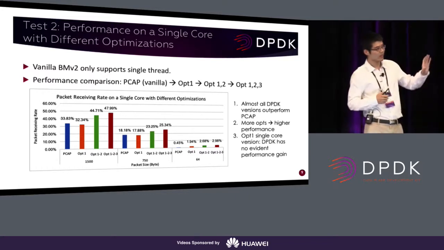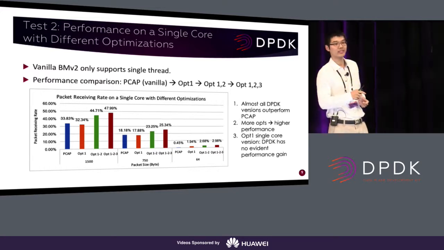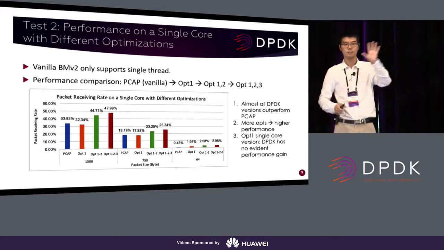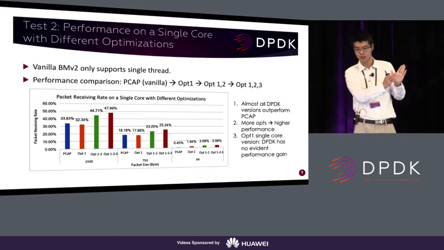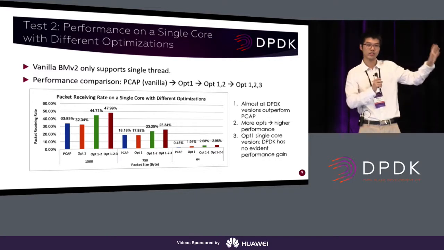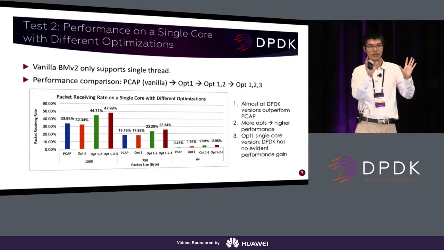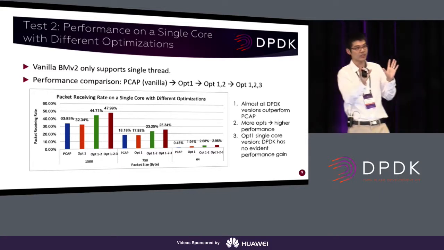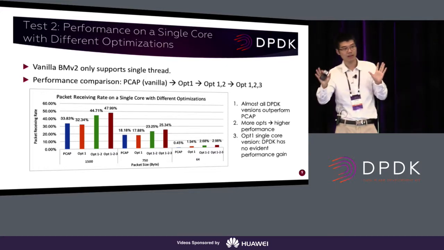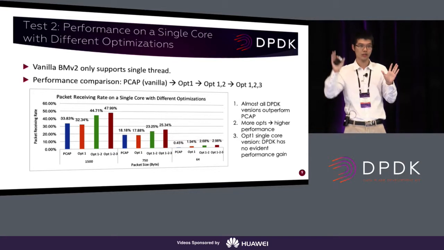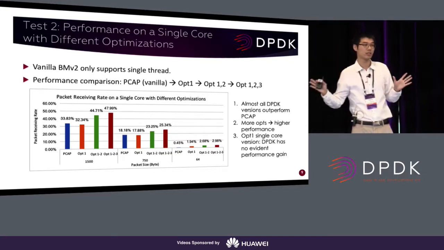On the x-axis, we have different sizes of packets, from large size, mid-size, to small size. For each packet size group, we have the original vanilla PCAP version, the BMAC version with optimization 1, the BMAC version with optimization 1 and 2, and finally the BMAC version with all three optimizations.